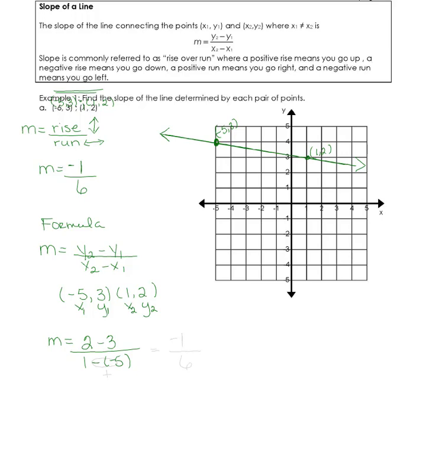Okay? So, in the numerator, 2 minus 3 is negative 1. Your denominator, you have two negatives together, that would give you a positive 6. So 1 plus 5 is 6. So I'm showing you two different ways that you can find the slope: by counting or using the formula.